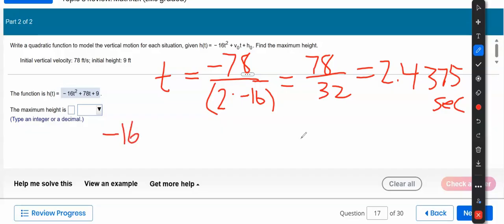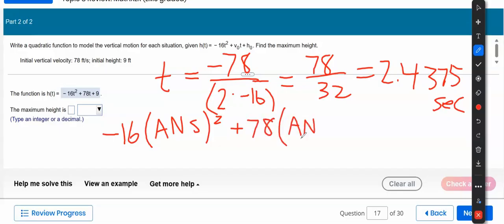Now, if I had this in my calculator already, I would use the answer feature on my calculator to make sure I don't have to retype. That's what I would do. In fact, that's what I will do here right now.